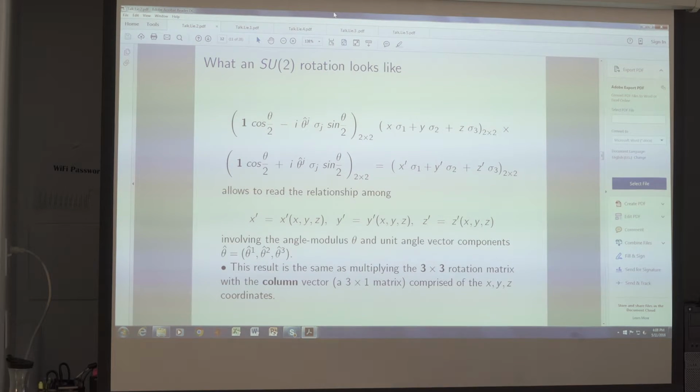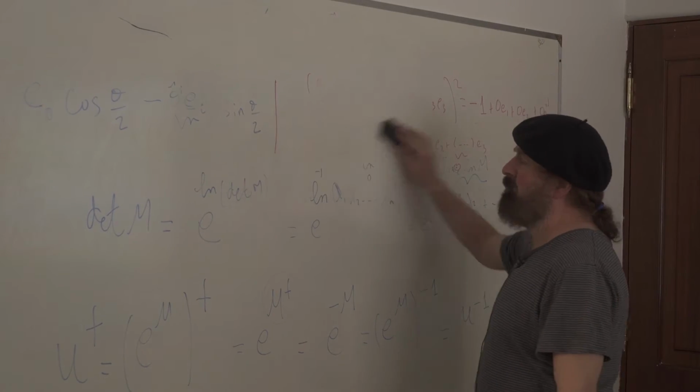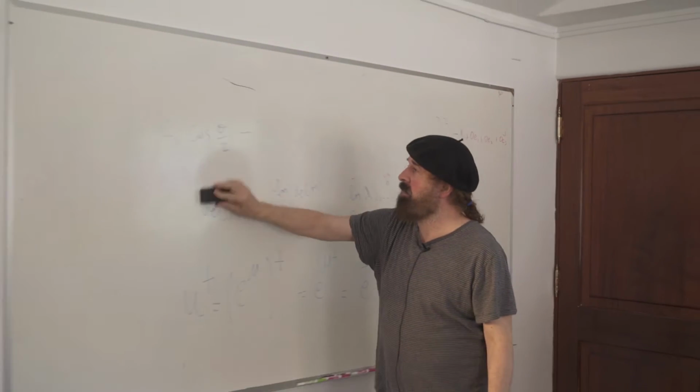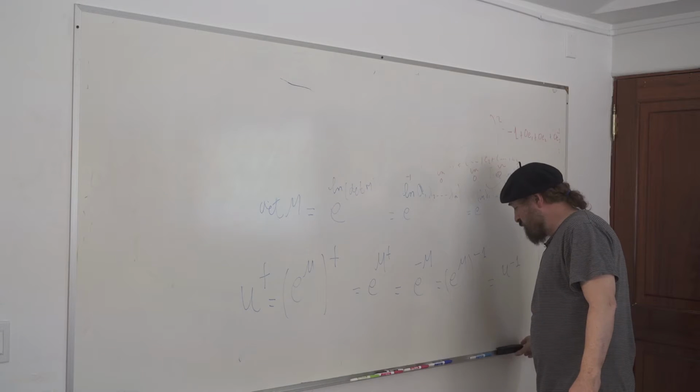The Pauli spin matrices really are a Clifford algebra in 2 dimensions.